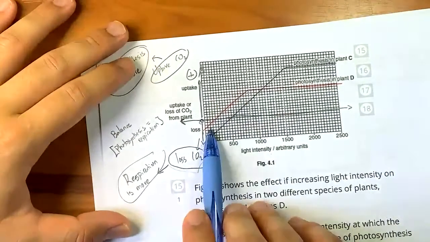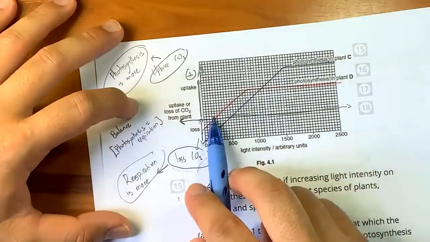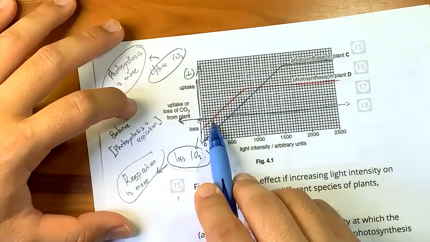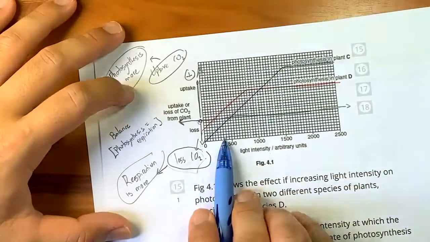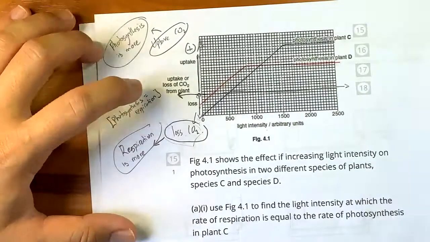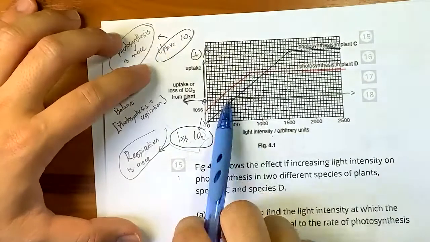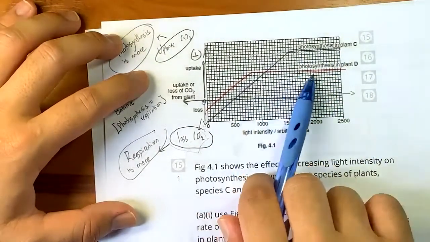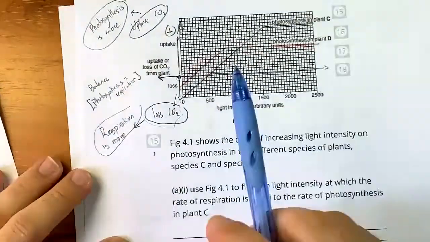You can see here the balance when it is equal. For plant D, it balances at a light intensity of maybe 200. For plant C, it balances at 500. That means equal amounts of photosynthesis and respiration are occurring at 500 for C and at 200 for D.